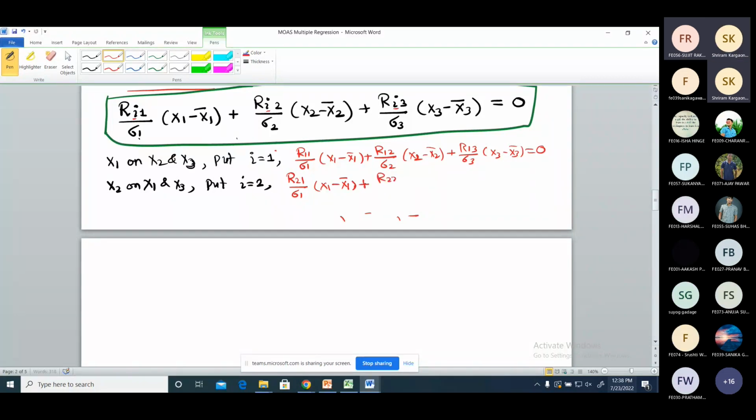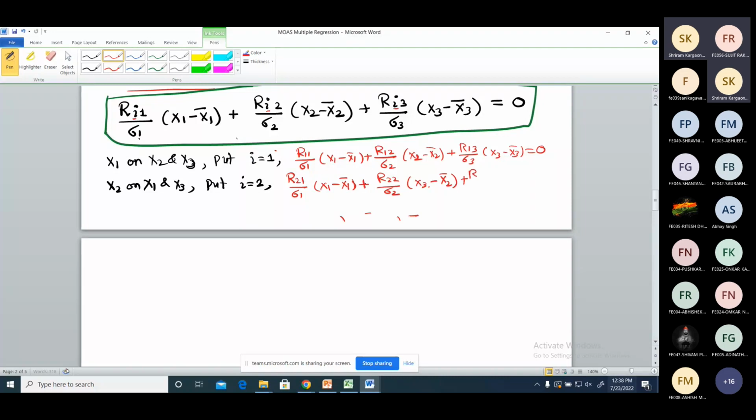Then R22 upon sigma 2, then R23 upon sigma 3 into (x3 minus x3 bar). Only the cofactors are changing, nothing else. And finally, if you want x3 on x1 and x2, you will have to put i equal to 3. Only the cofactors are changing. The rest of the structure is the same in all the equations.